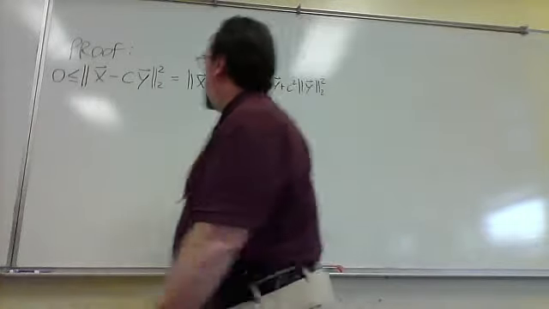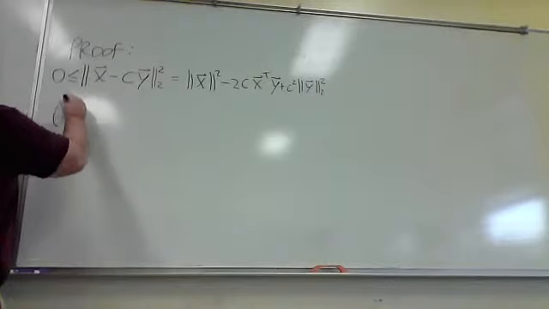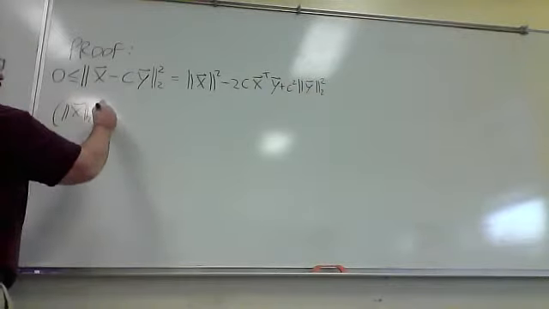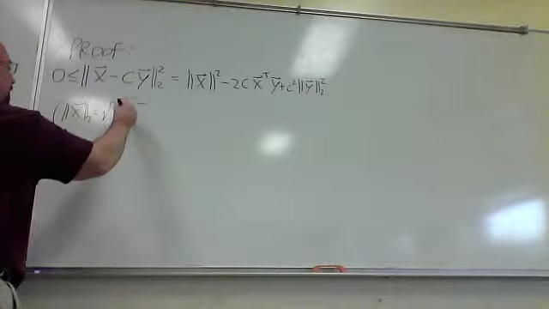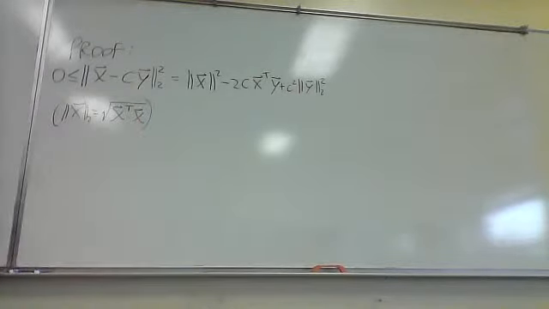And this comes from the fact that the 2 norm of a vector is the square root of the dot product of the vector with itself, but that also can be written as x transpose x.